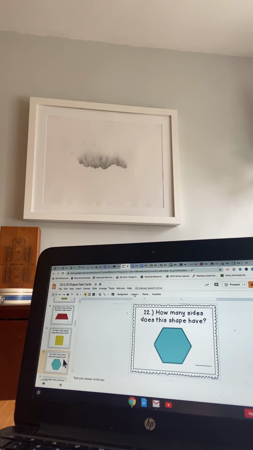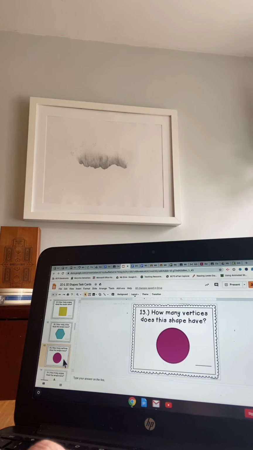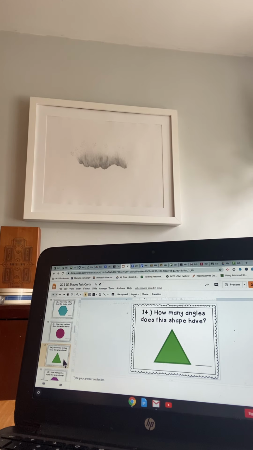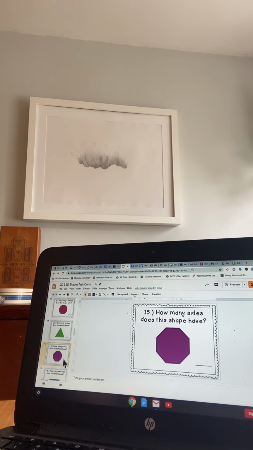So 6, a hexagon has 6 sides. How many vertices does this shape have? 0. Circles don't have vertices. They don't have corners. How many angles does this one have? 3. This one wants to know how many sides. You should have said 8 because an octagon has 8 sides. This one wants to know how many vertices, corners, that's 4.